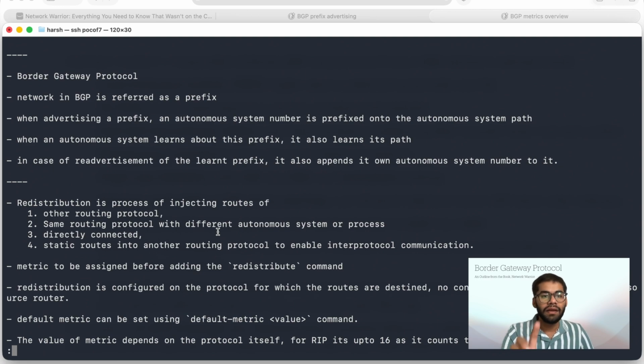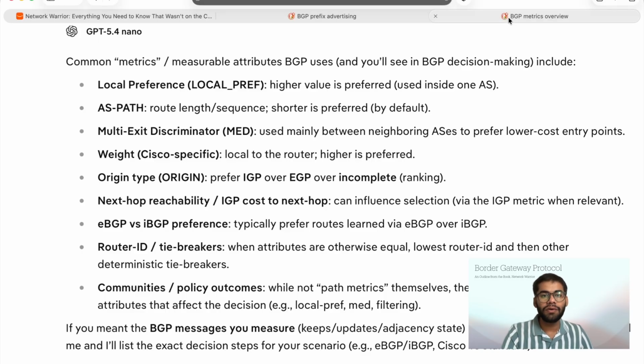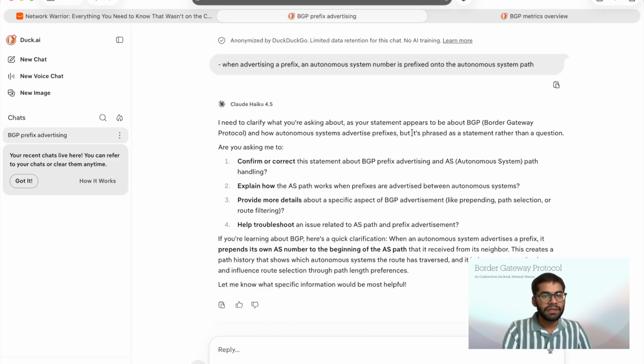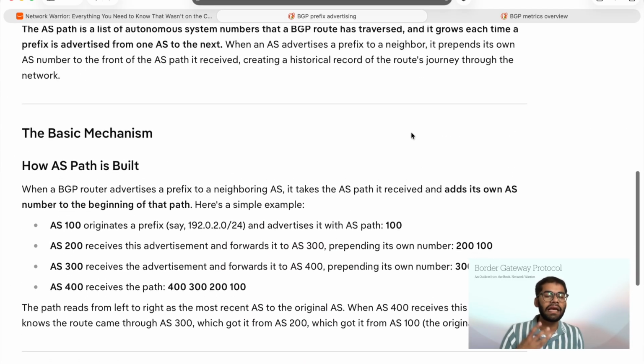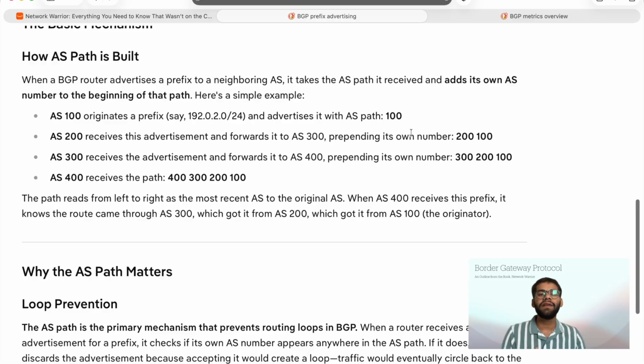For example, the keyword says that for the route length and sequence, shorter is preferred. So how does this prefix work? Let me go through this statement. Suppose we have our own autonomous system as the beginning of the path. For example, we are advertising a route which is 192.0.2.0/24.